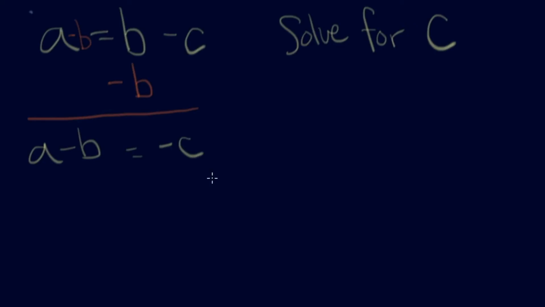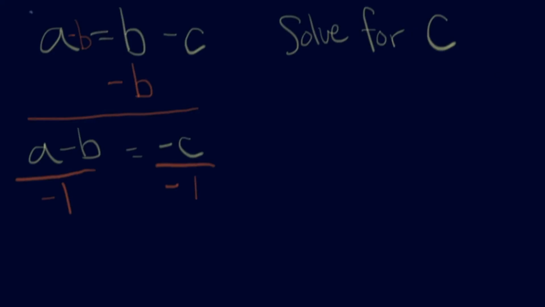All right. Now, common kid mistake says, I'm done. Yay. But this is solving for a negative C. I want to make it a positive C. So how do I make this a positive C? I multiply both sides by negative 1, or divide both sides by negative 1. I like to divide by negative 1, and I divide this whole side by negative 1.